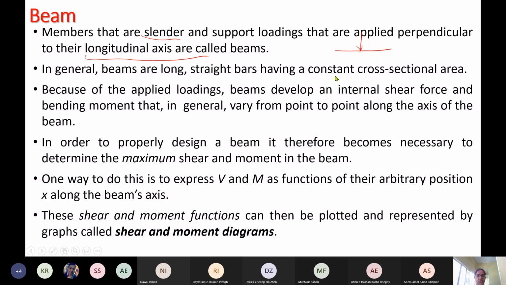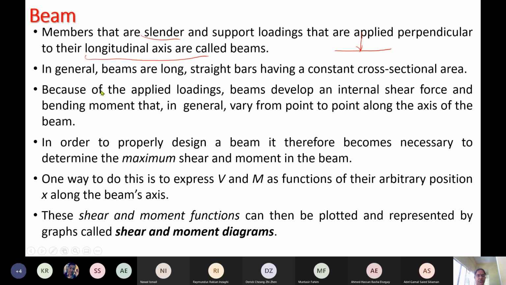Mostly it is a regular, uniform cross-section. Varying cross-section you can also do. But number one, we have to understand the analysis and behavior of a uniform cross-section. Most likely they are of uniform cross-section, and if there is a change in cross-section, they will design it as a separate member.